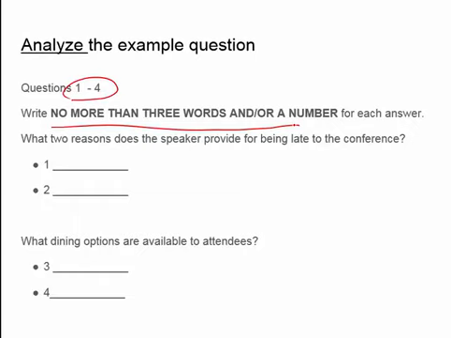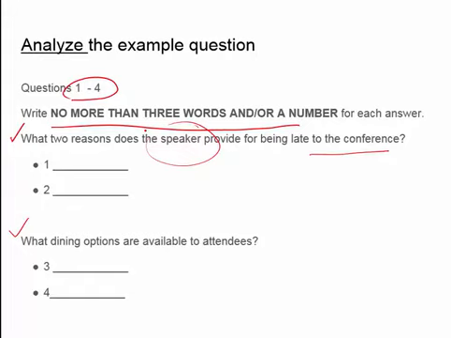Okay, now below we have the 2 basic questions we're supposed to listen for. All right, you probably noticed that we are at a conference. All right, and we're expecting to hear something from a speaker at the conference, and he's explaining in some way why he's going to be late.